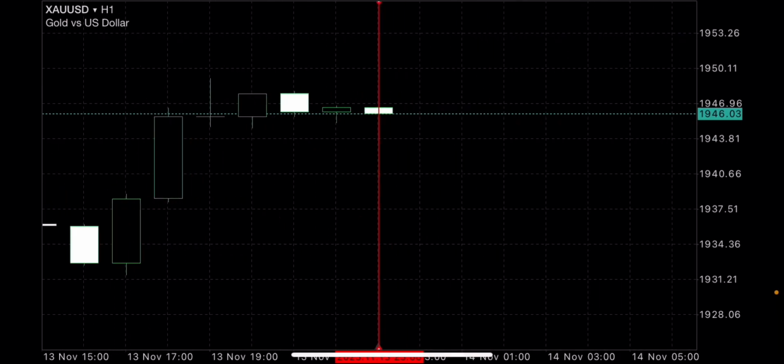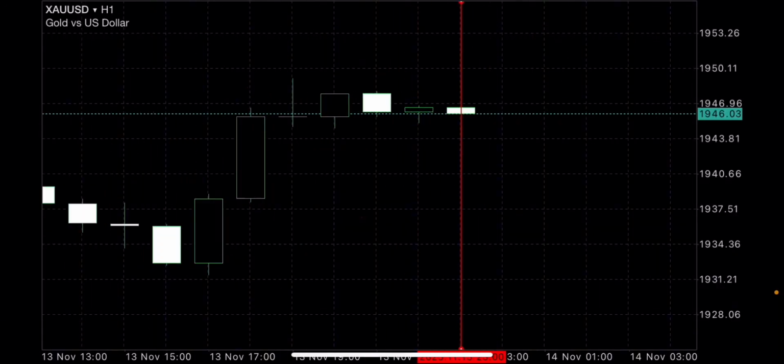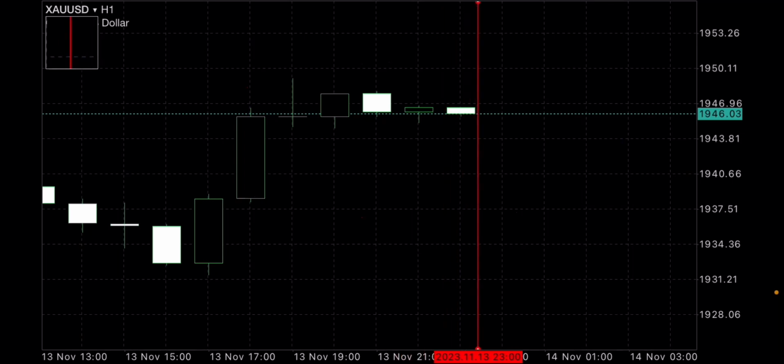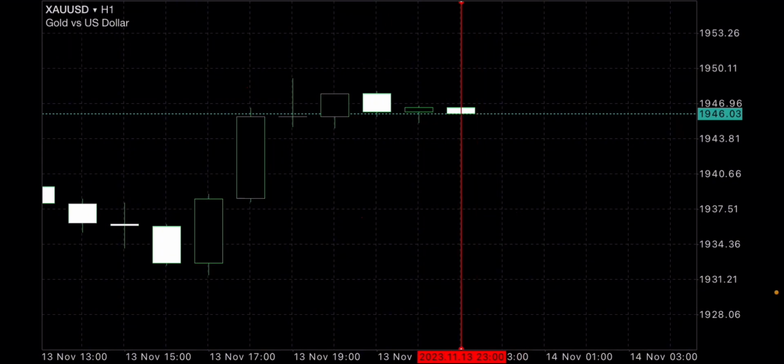Where that line is touching, that white line at the far right, this whole thing, from here to here, this whole thing is a candlestick.